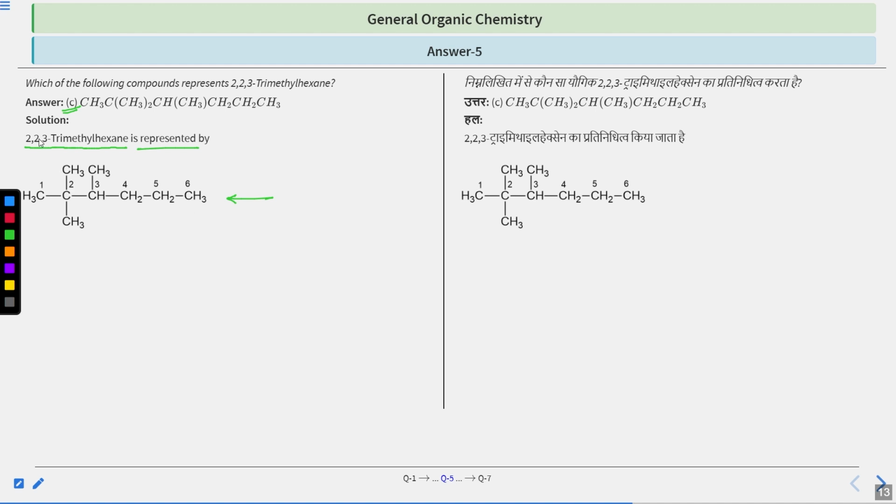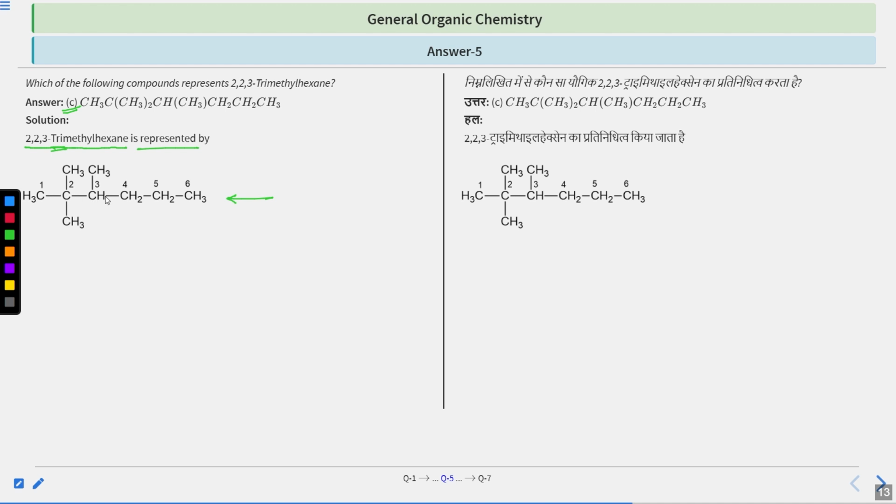On the 2 position, again on the 2 position, and on the 3 position, methyl groups are present 3 times. Tri is used because once at 2, again at 2, and then at 3. So we put CH3 and CH3 at 2, and at the third position we also attach the CH3 group, and this will be our final structure.